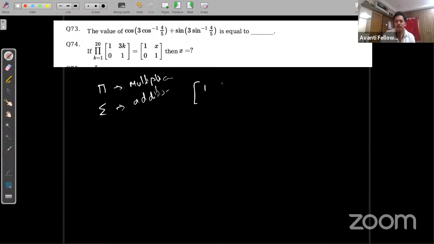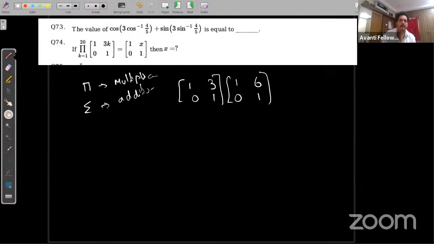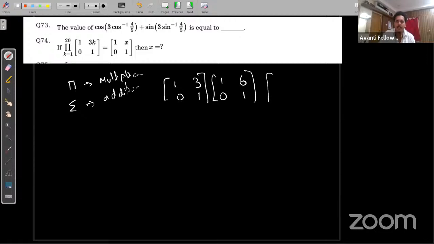If k equal to 1, what is my matrix? It is 1 3 0 1, right? Into, again, if k equal to 2, 1 6 0 1. Okay, and into the next one, k equal to 3, it is 1 9 0 1.